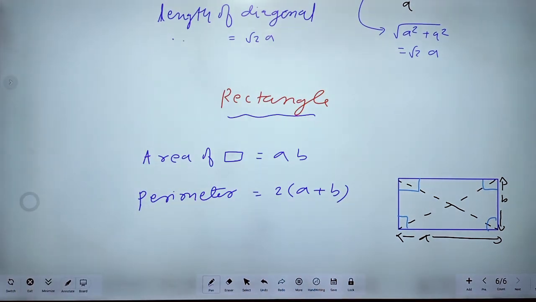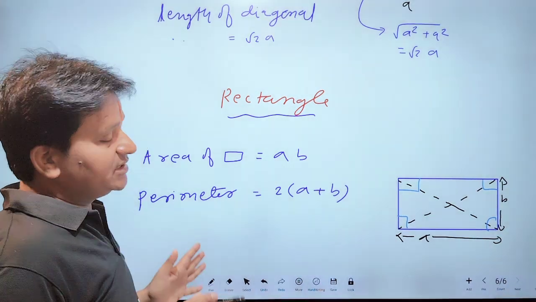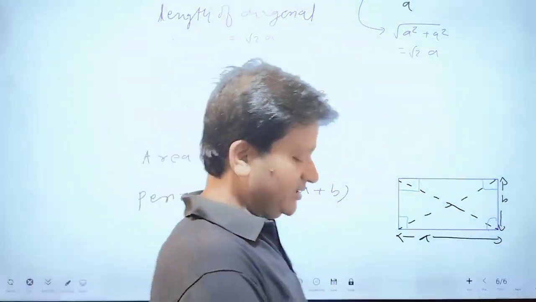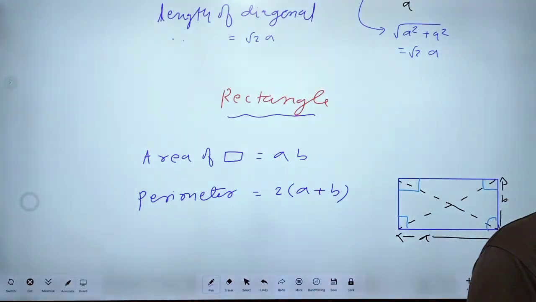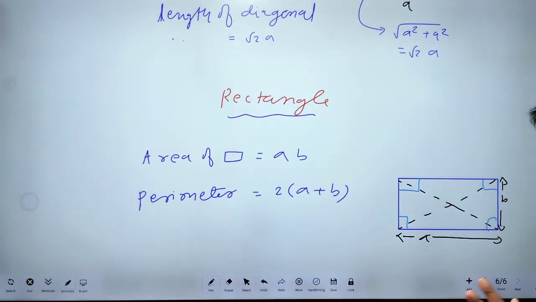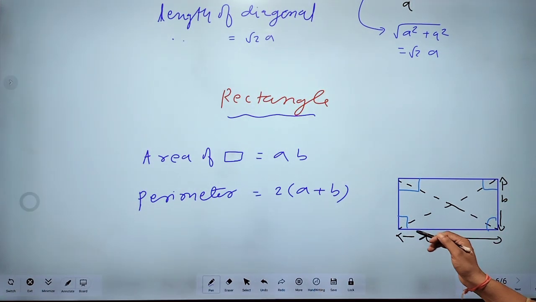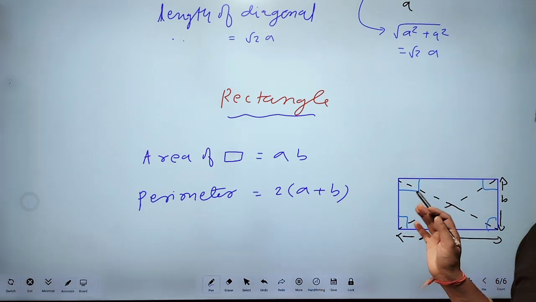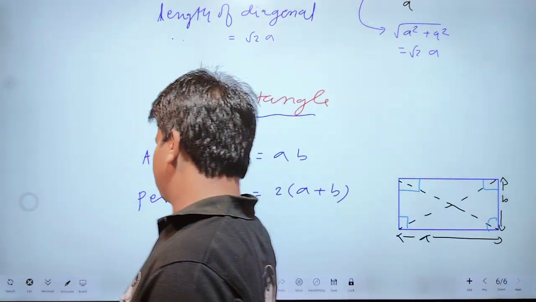Here diagonals do not intersect each other perpendicularly. Diagonals intersect, but they are not perpendicular to each other.